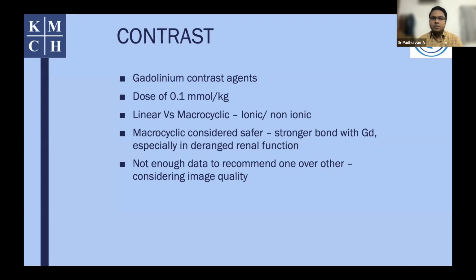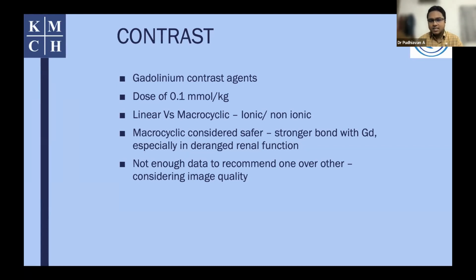But where image quality is concerned, I did a lot of literature search for this talk, and there is no clear-cut recommendation for which contrast agent is better for cardiac MR applications, whether linear or macrocyclic.